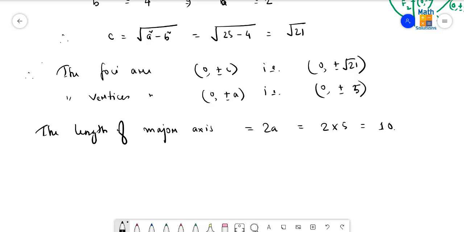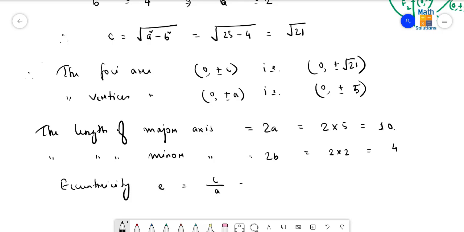Then the length of minor axis will be equal to twice b, so we can write 2 into 2, the result will come as 4. Then eccentricity e is equal to c by a. So what do we get here? It is root 21. In place of a, we need to write 5.